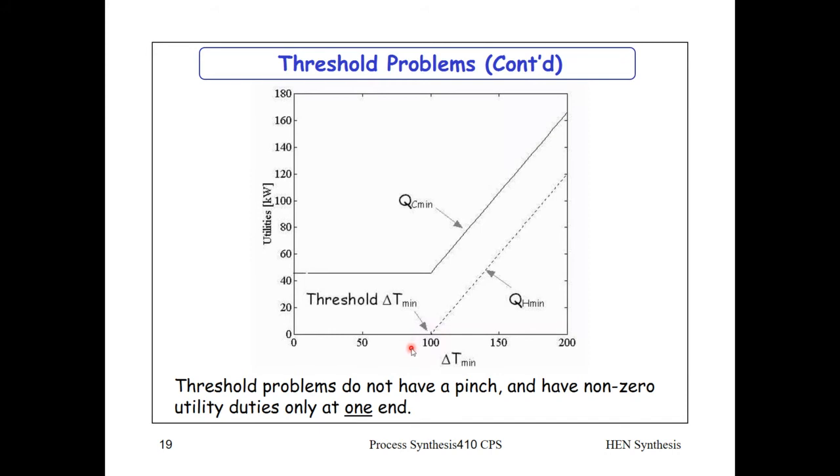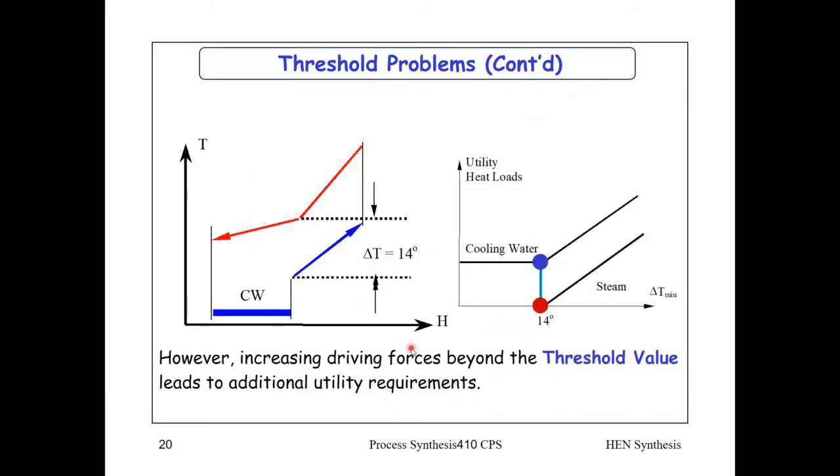Okay, let's have a look at this, the hot and cold composite temperatures, and what we find here is that, all right, this is 100. This is 14 degrees C across there.